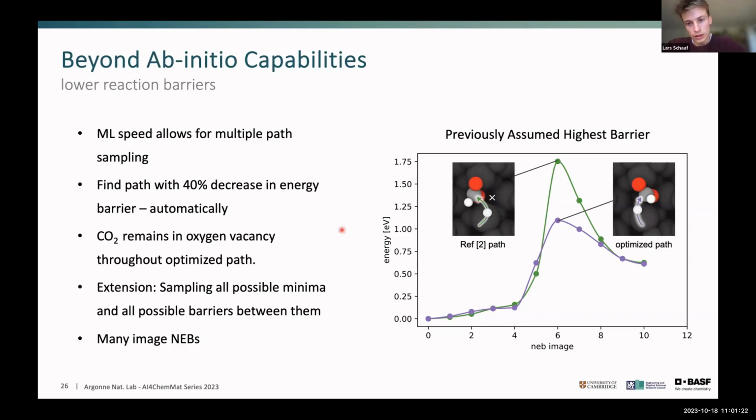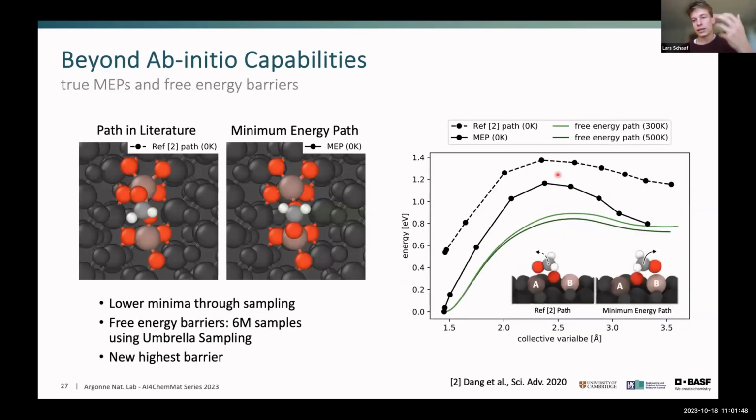And so if you look at this from doing umbrella sampling or any kind of thermal sampling, and looking at any free energy barriers, then you will of course find that the reaction progression is exactly via this route here. And so we found a significant decrease in the barrier height just by being able to sample different possible reaction pathways on top of the surface.